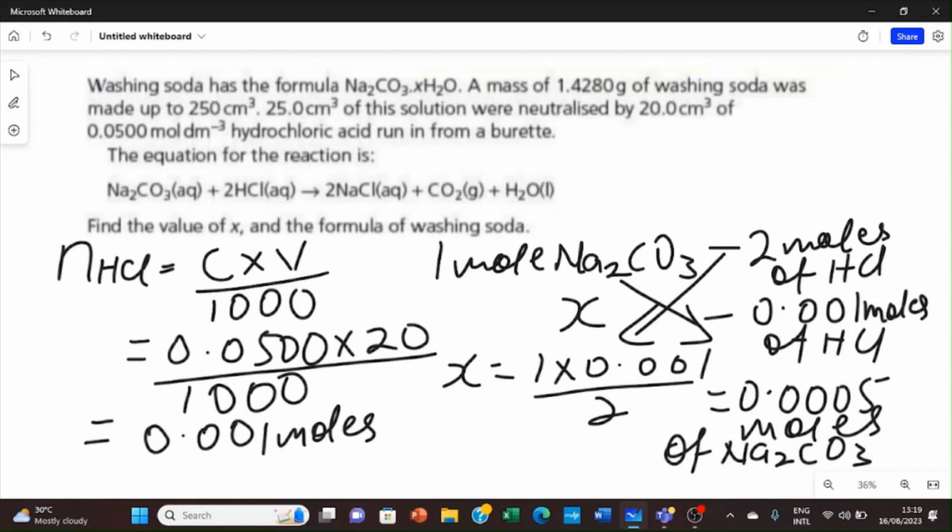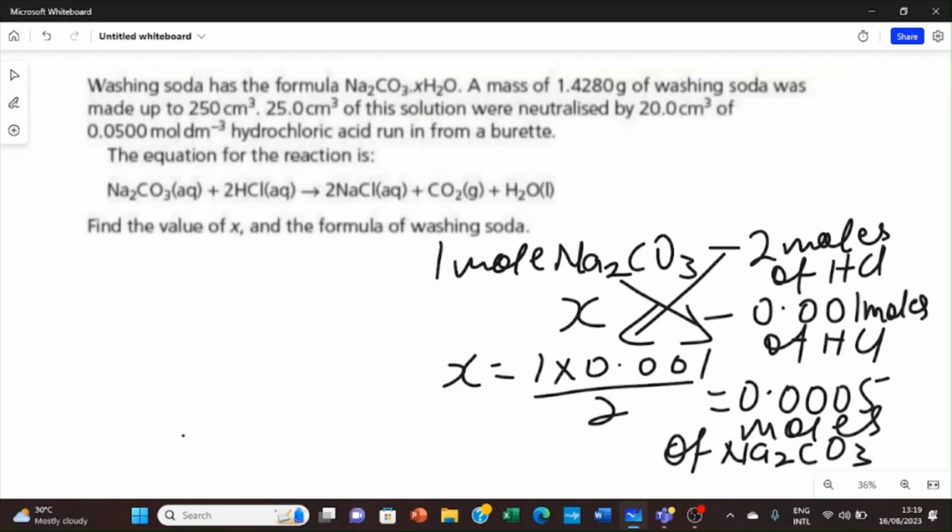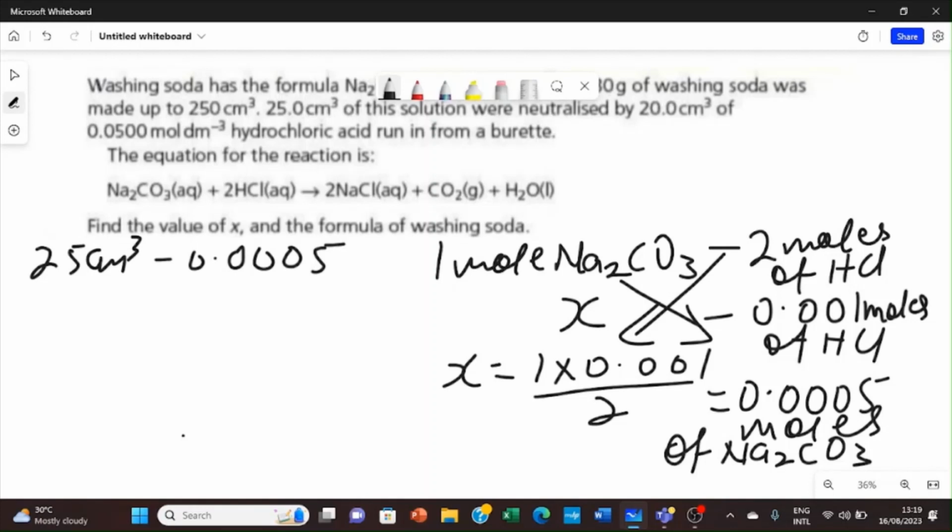So we have to calculate the number of moles of sodium carbonate in 250 cm3. So I have to erase this so that we have enough space. If 25 cm3 gives 0.0005 moles, then 250 cm3 will give x.